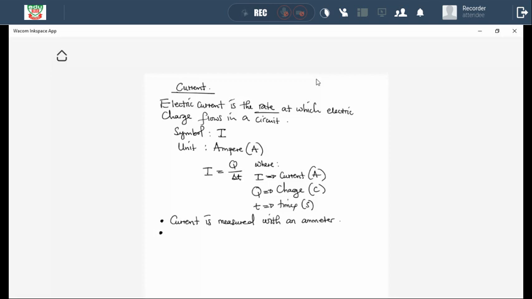Point number two says an ammeter is always connected in series. I've already explained this point. An ammeter is always, not sometimes, always connected in series. Why does it have to be connected in series?